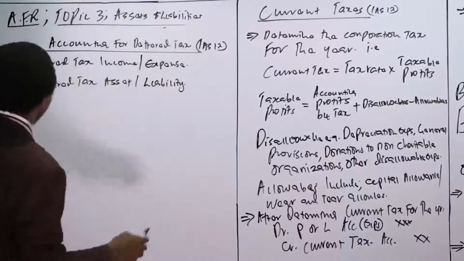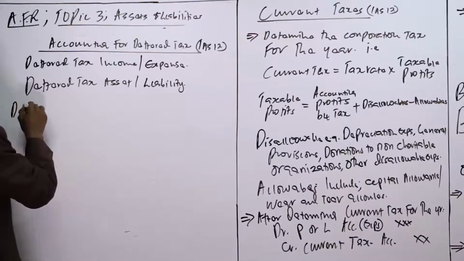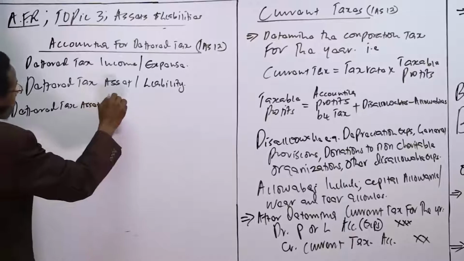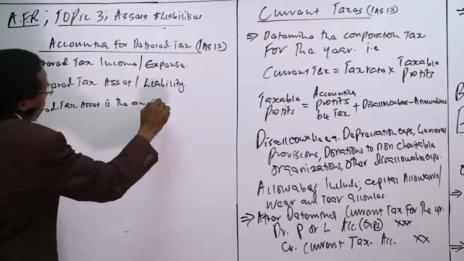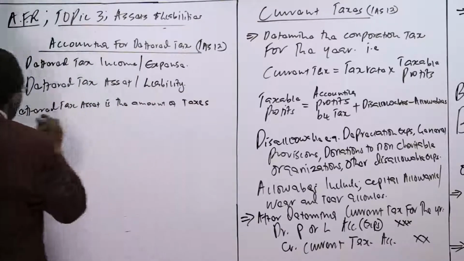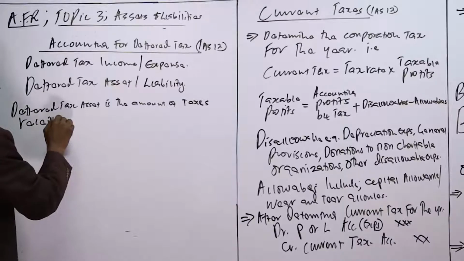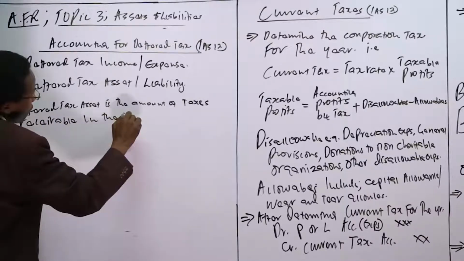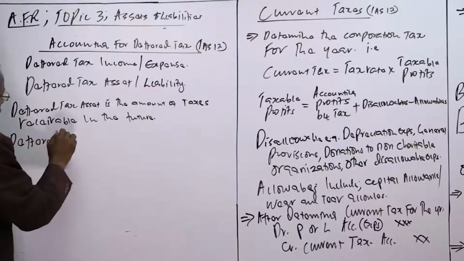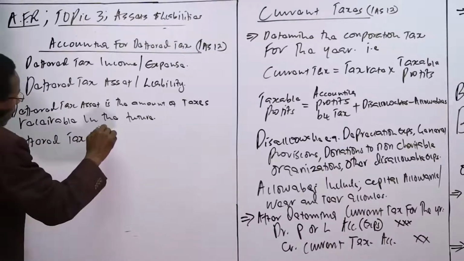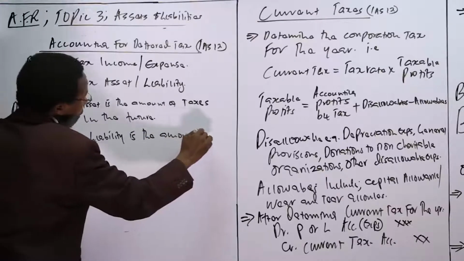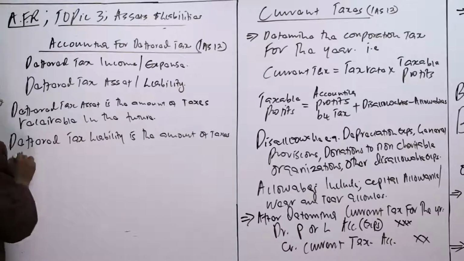Deferred tax asset, I can remind you this, the deferred tax asset is the amount of taxes receivable in the future, while the deferred tax liability is the amount of taxes payable in the future.